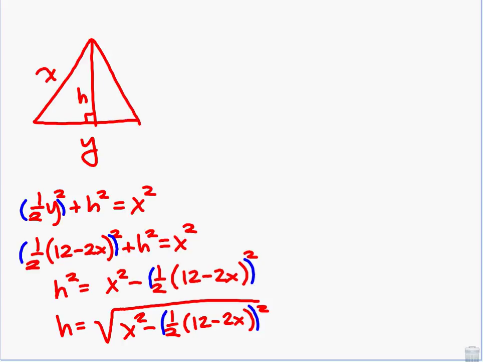I've got my h equals expression, which is h equals the hypotenuse squared minus the leg squared, and take the square root of that. Now, normally I would want the plus or the minus, but I don't need the minus because I'm talking about a height here, so this isn't an algebraic thing, this is a physical distance thing, so I just need the plus.